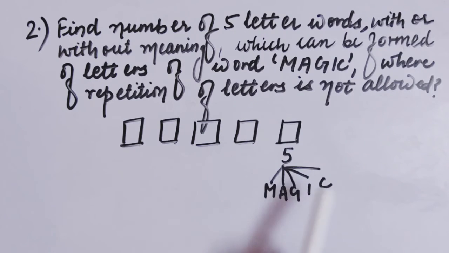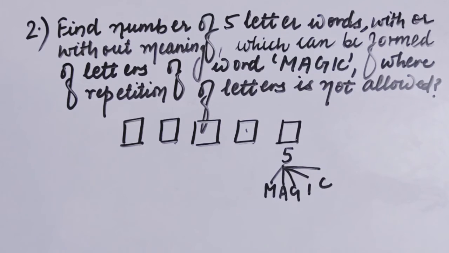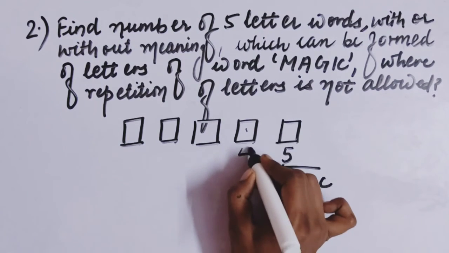Suppose one of the 5 letters has come here. So how many letters are left? 4 letters. So this vacant place can be filled in 4 ways.